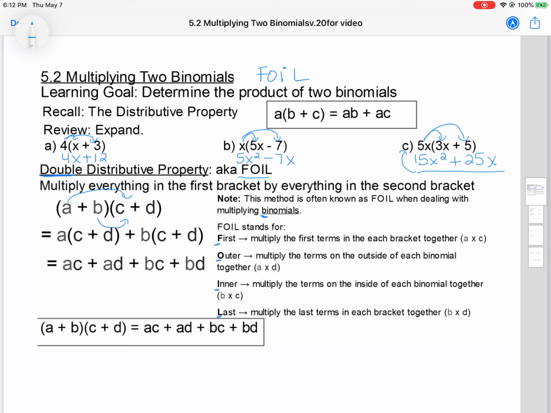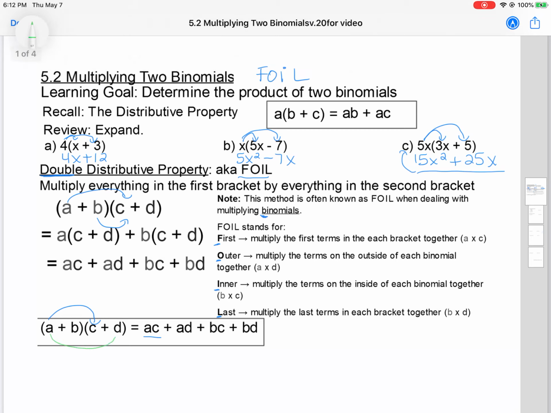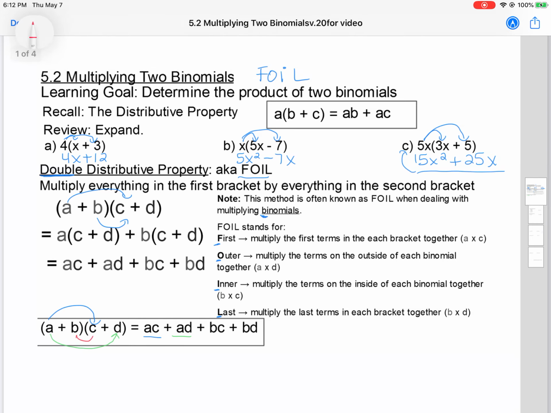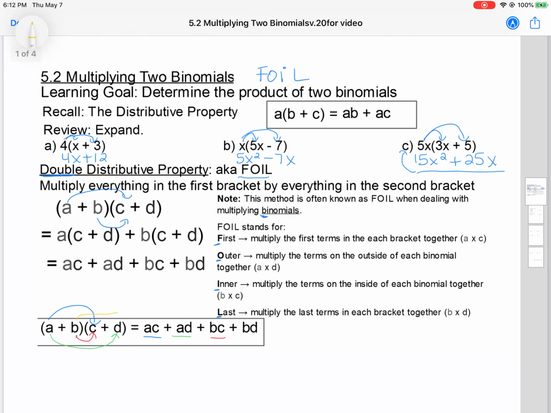So first, A times C, and then outer, A times D, inner or inside, B times C, and then last, B times D.